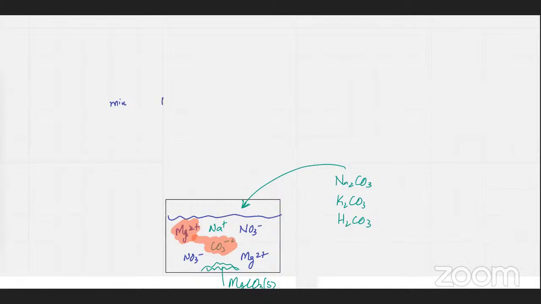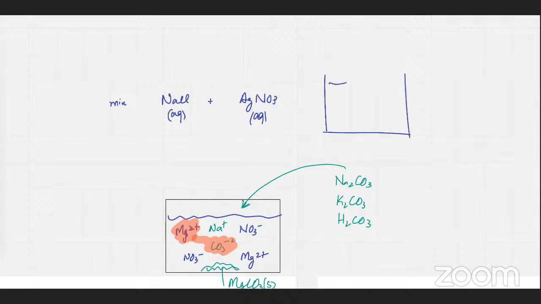For example, if I mix NaCl with AgCl, not AgCl, it has to be soluble. So if I mix it with AgNO3, both of them are aqueous. So the condition is that they both must be aqueous. So that means in the beaker, their ions are going to mix up. Na+1, they will dissociate, they will scatter, they'll mix up with water.